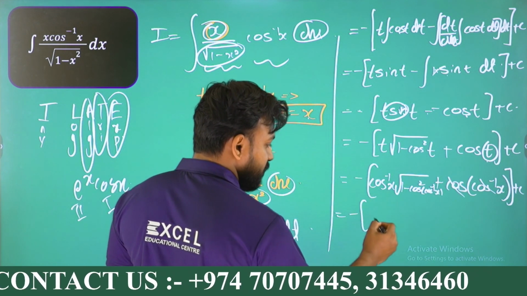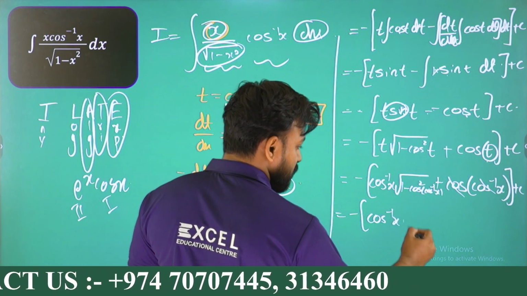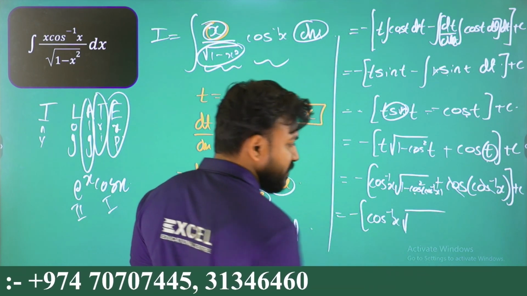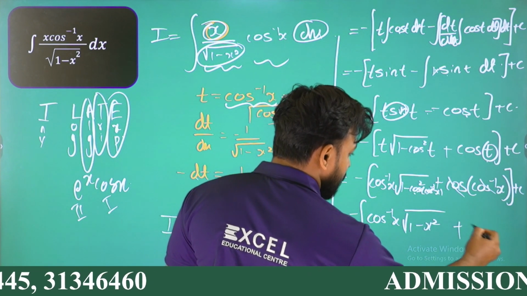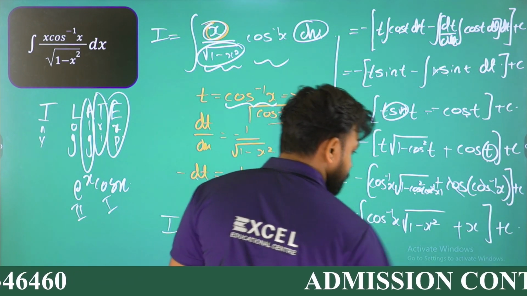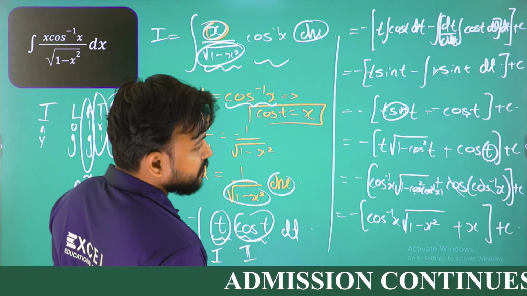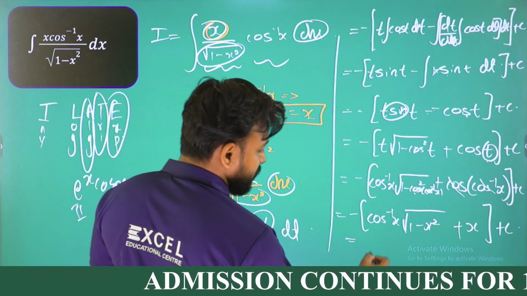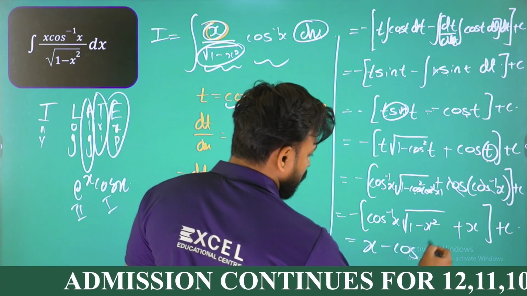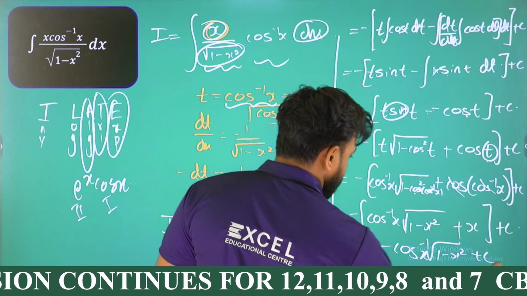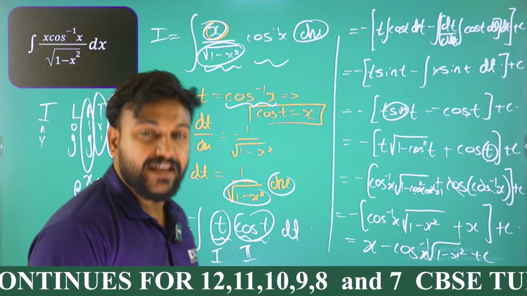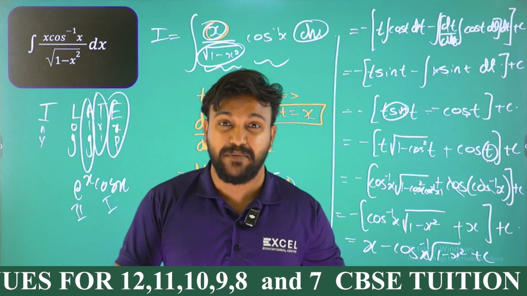So negative of cos inverse x root of 1 minus x square, since cos and cos inverse cancelled and you get x only, plus x plus c. Or you can just write x minus cos inverse x into root of 1 minus x square plus c. That is the final answer using integration by parts.